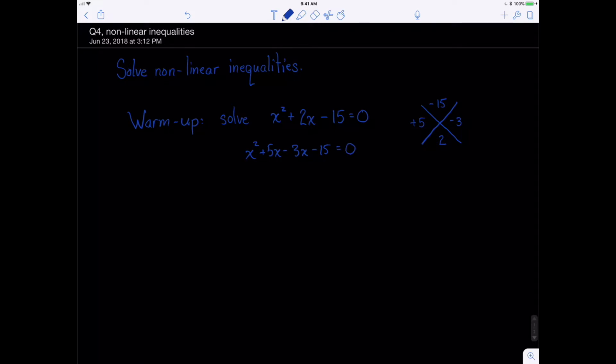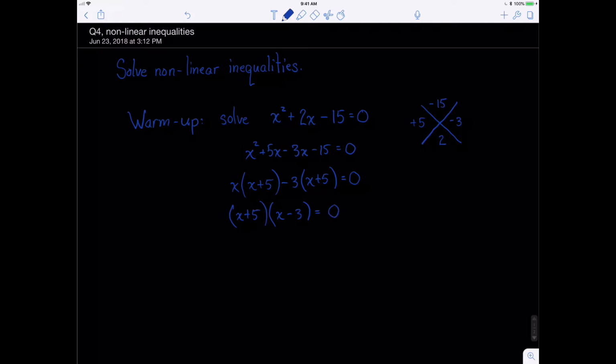Then we have a common factor, not a greatest common factor, but a common factor of x. This is x plus 5. The negative 3, another x plus 5. And now we have a greatest common factor of x plus 5, and when we factor that out, we're left with x minus 3.